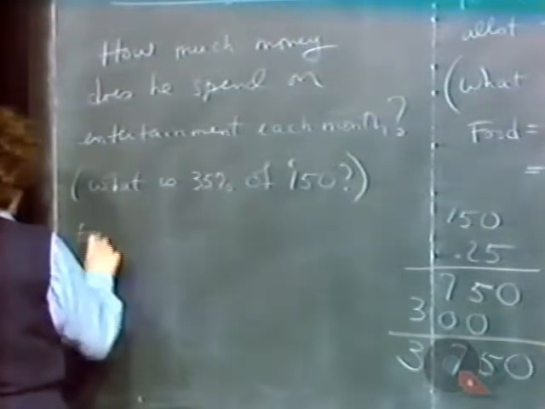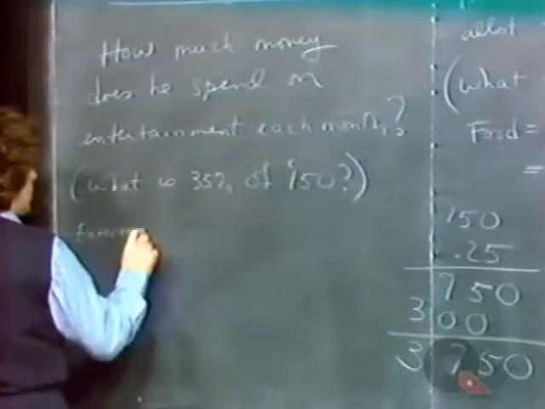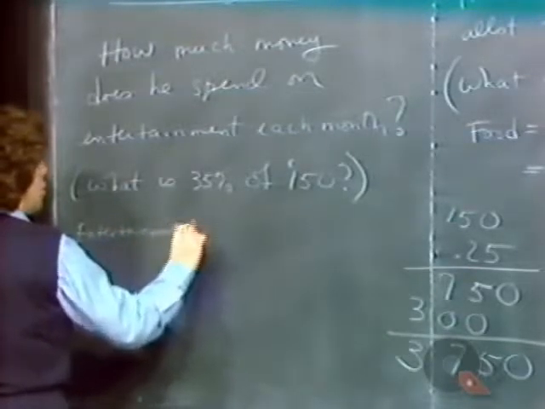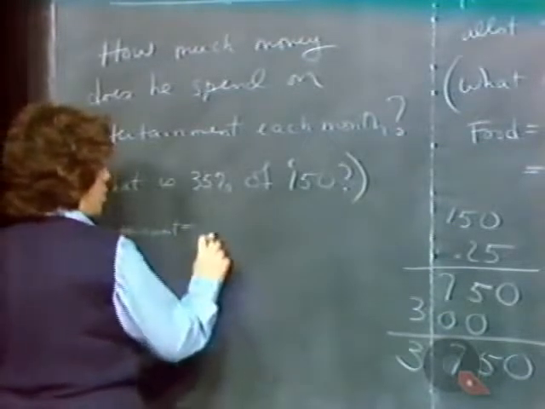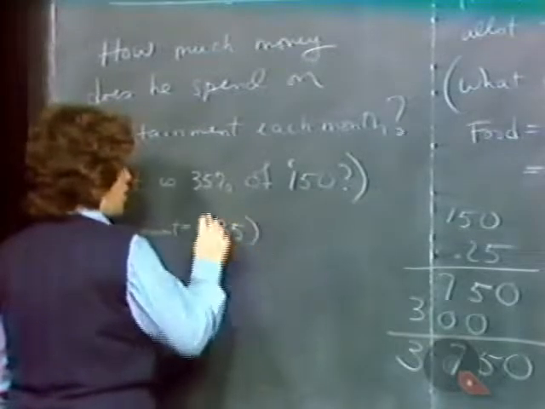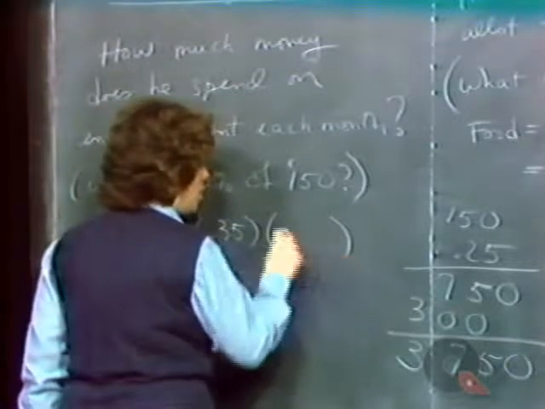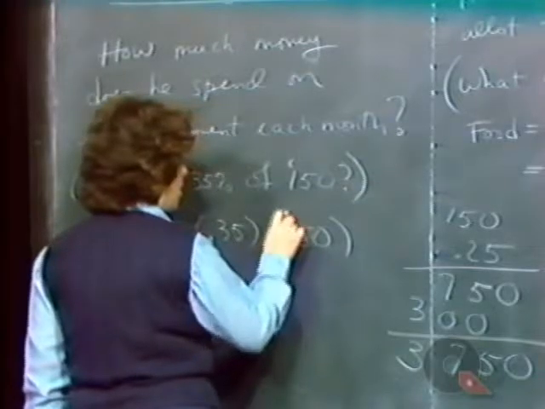So for entertainment, we would want to compute 35%, 0.35 times $150.